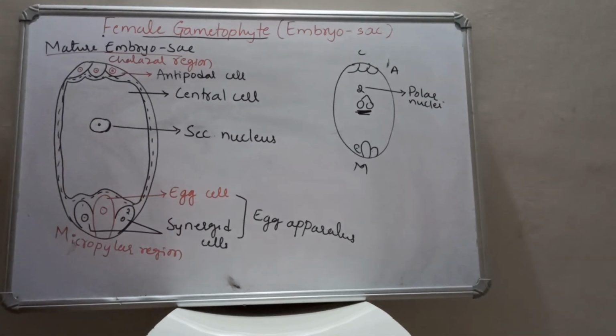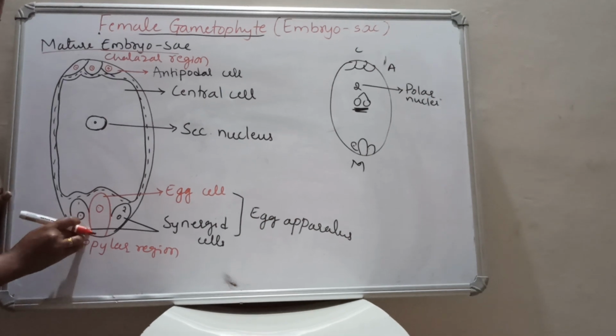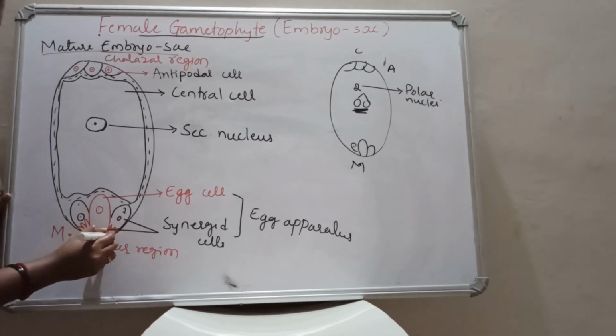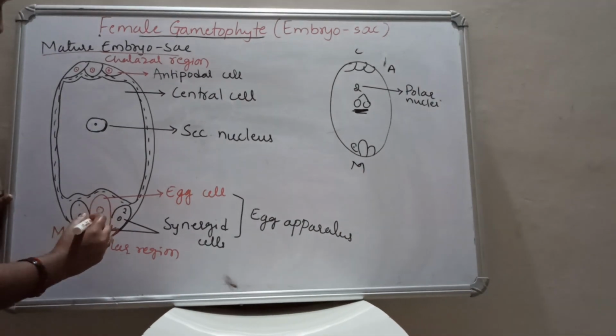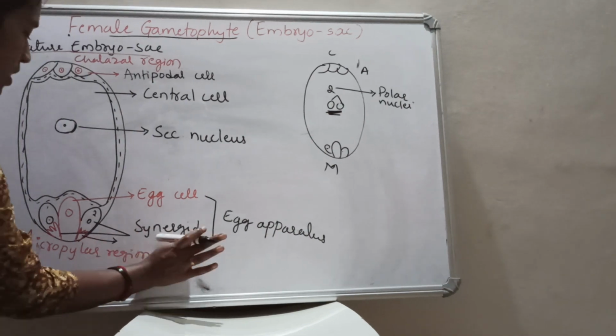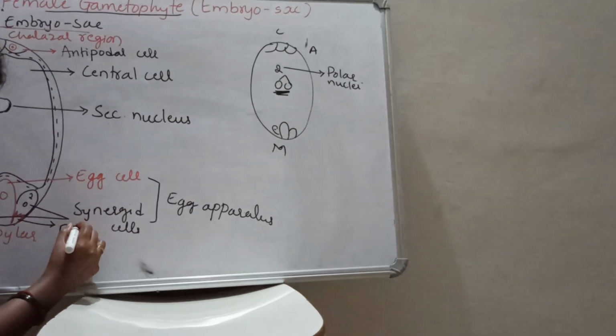Next, the synergid cells have a finger-like projection, and that finger-like projection or finger-like tissue is called the filiform apparatus.